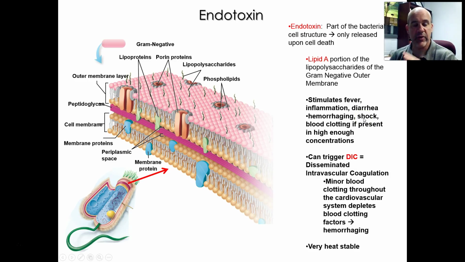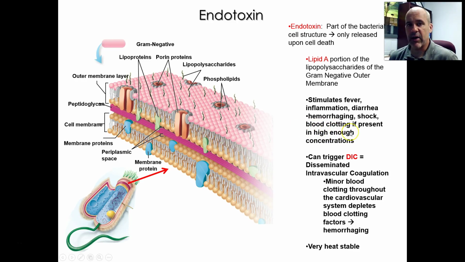So again, we've got another scenario here where if you have inflammation occurring all across the body at one time, blood vessels dilate due to inflammation. That's one of the things that's triggered by inflammation, and that can cause your blood pressure to plummet to the point where you go into shock because you're not able to circulate blood to your vital organs.